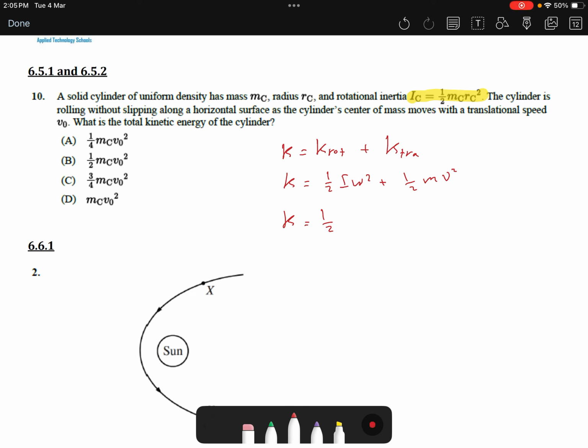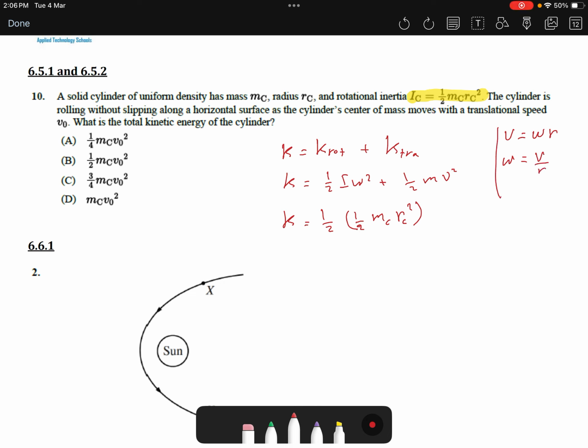So it is 1 over 2 times m c times r c squared. And be careful, the 1 over 2 here is different from the original 1 over 2 in the formula, so don't confuse them. We have two halves here. That is multiplied by omega squared. We know that v equals omega times r, so omega equals v over r.